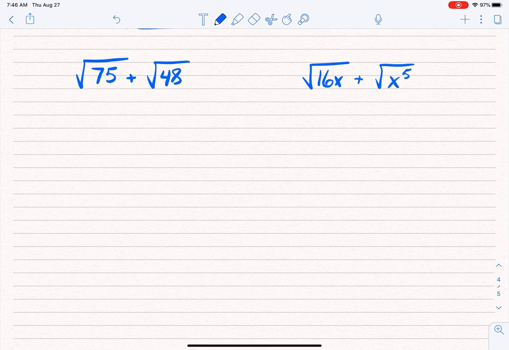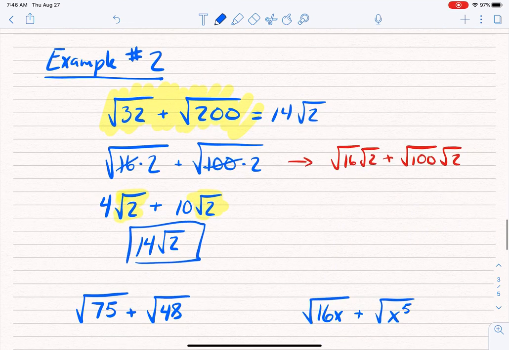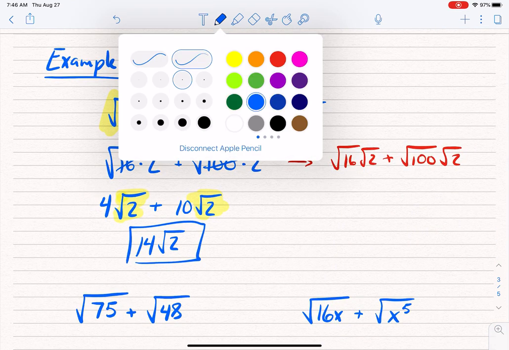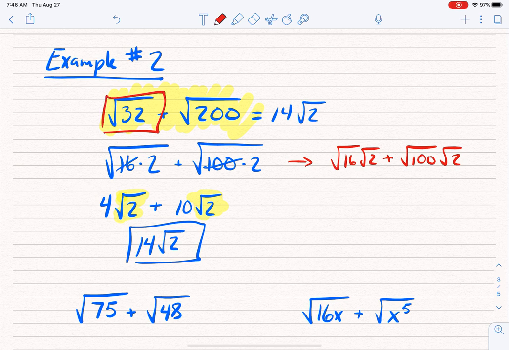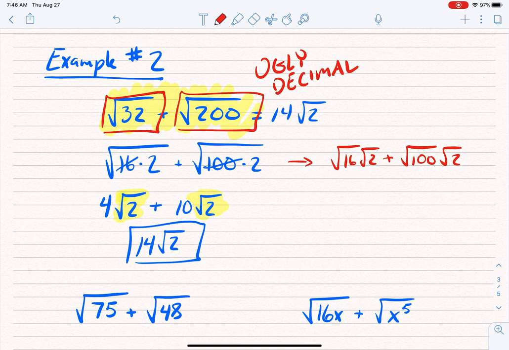Now, please understand, look at how I did this last problem. Notice that at no point did I reach for a calculator to grab what this is, okay? Because that's just going to be some ugly decimal, all right? That's not going to help the process here. If I plug this into the calculator, I'm just going to get an ugly decimal for this, an ugly decimal for this, and even one for this.